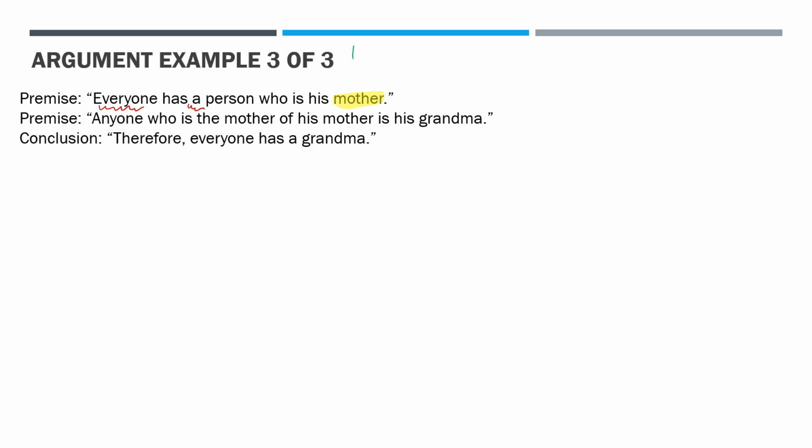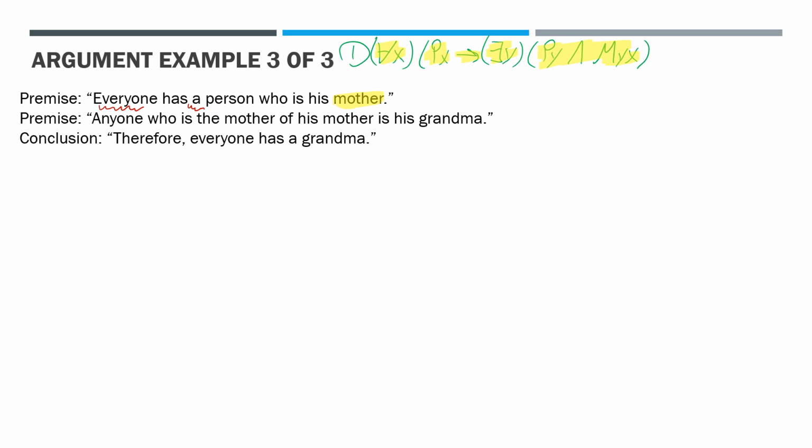Hence, for line 1, we have for all x, if x is a person, then there exists some y such that y is a person and y is the mother of x. So for all x, if x is a person, then there exists some y such that y is a person and y is the mother of x.